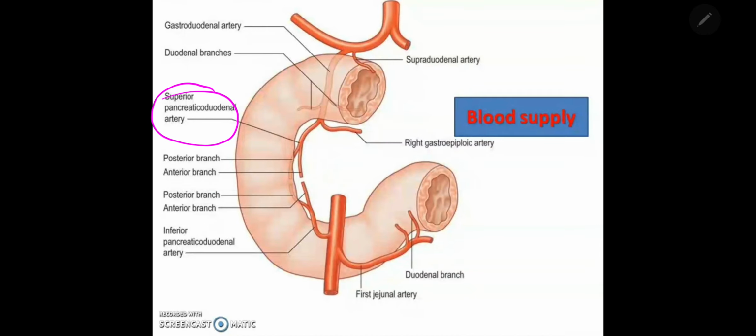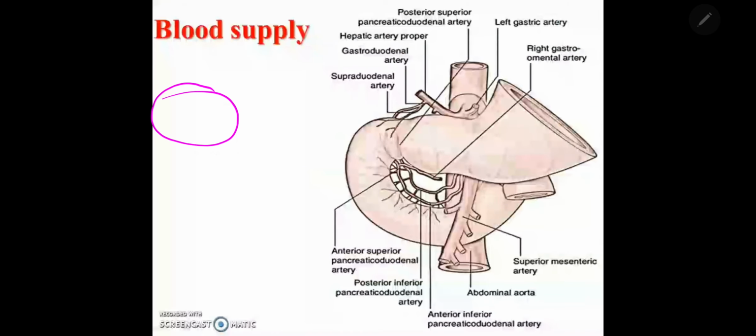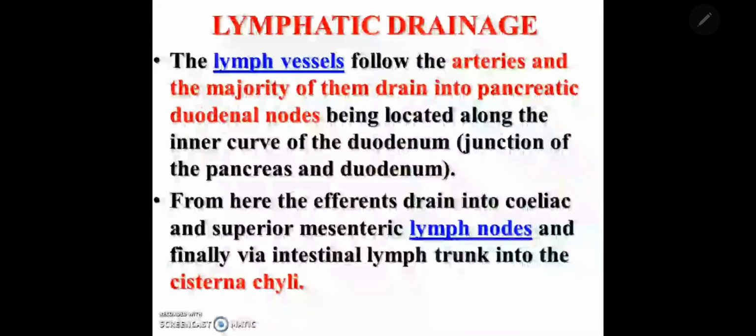So the superior pancreaticoduodenal artery is from the celiac trunk, the artery of the foregut, and below you can see the inferior pancreaticoduodenal artery. It is a branch of the superior mesenteric artery, the artery of the midgut. So the duodenum's blood supply indicates its composite development because it is derived from both foregut and midgut, and along the curvature there is an anastomosis between the superior and inferior pancreaticoduodenal arteries.